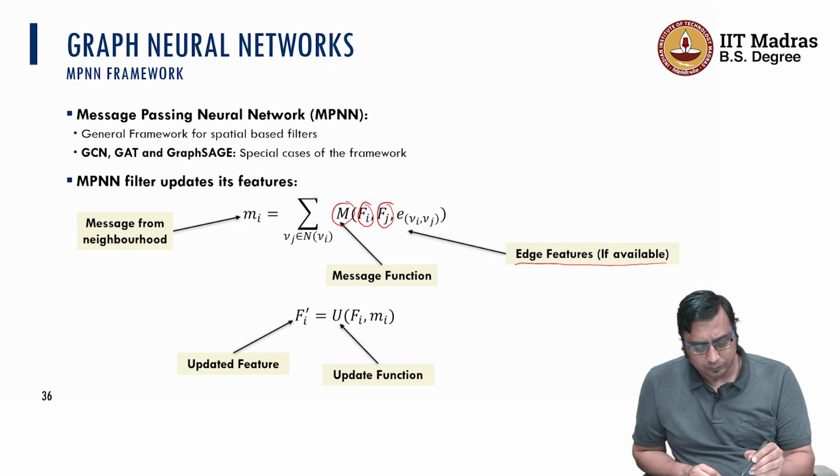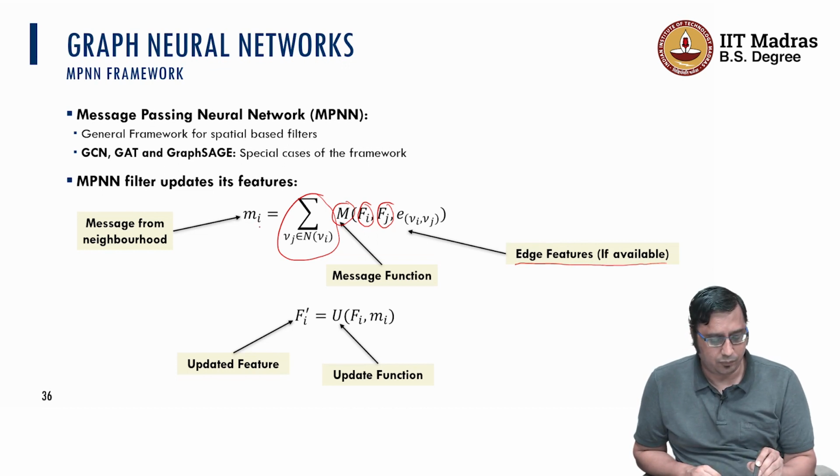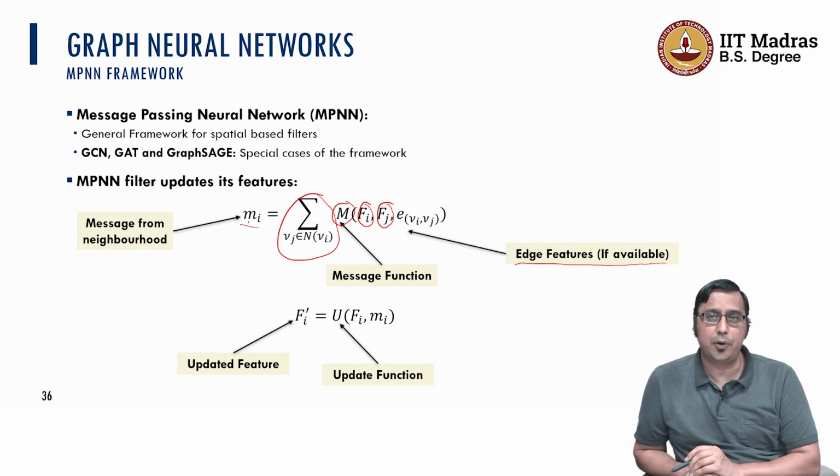So here the message passing neural network filter will be used where M will sum over all the neighbors of node vi, and we get the message from the neighborhood, called Mi.